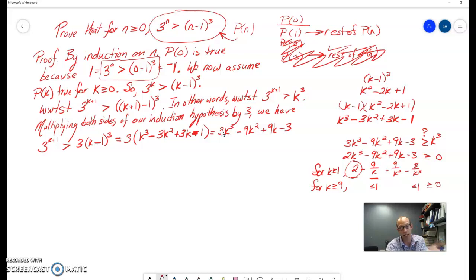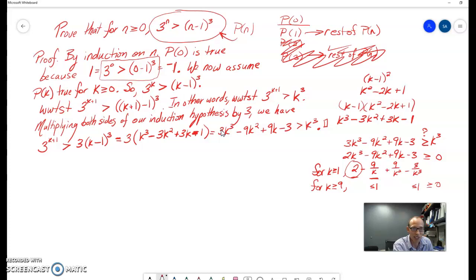But the point is I can't get more than 2 subtracted. So here I'm staying at least at 0, plus I have a little bit added on. So in this case, no matter what, I'm greater than or equal to 0. So I can say that this is greater than k cubed, and I've completed my proof if my base case is 9.